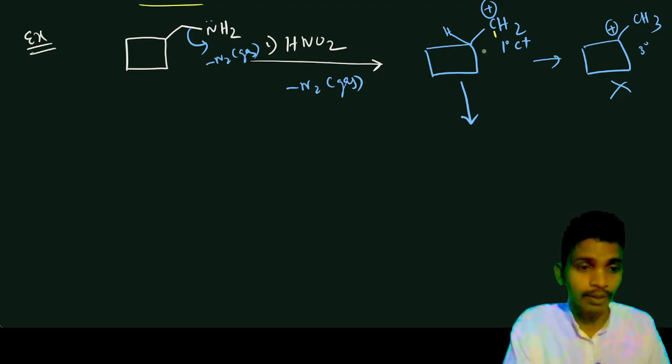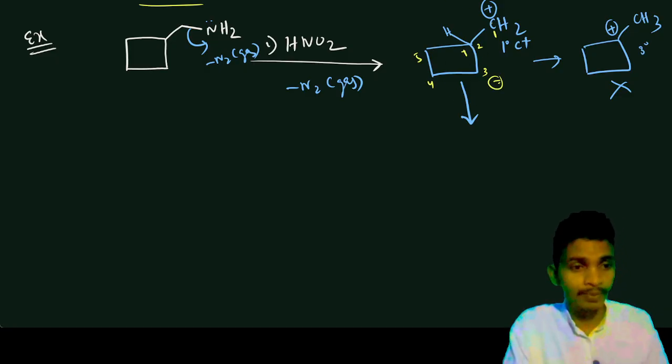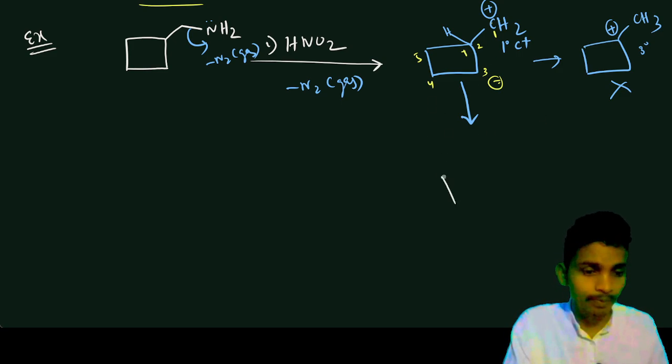So this is 1, 2, 3, 4 and 5. This is positive, so let me make that bond here. Positive and negative make a bond, and if I look at these bonds, this is going to be the positive charge, which I also explained in the previous class. Then the 5 member ring will pop.